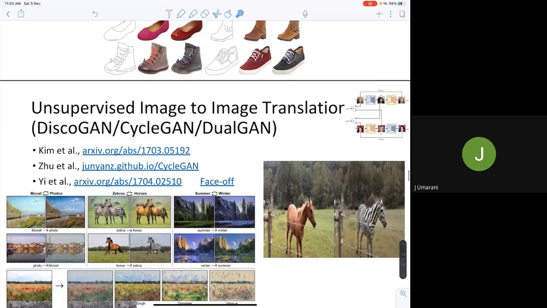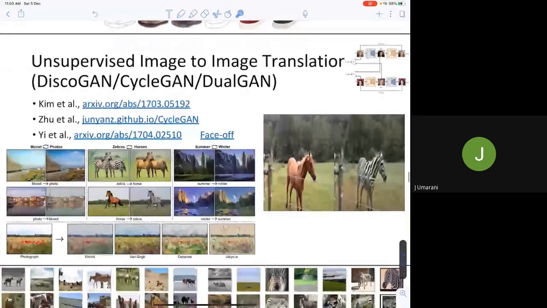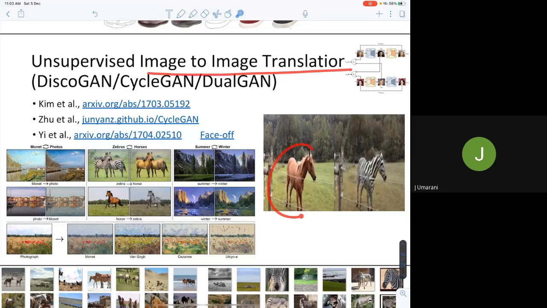From a horse I cannot convert to a human, but I can convert a horse into a zebra in the best way. It understands where the horse is and how to add stripes over this horse to convert it into a zebra. Other things remain the same. It is a very intelligent system which understands that there is a horse, figures out where the horse is, and converts it into a zebra.